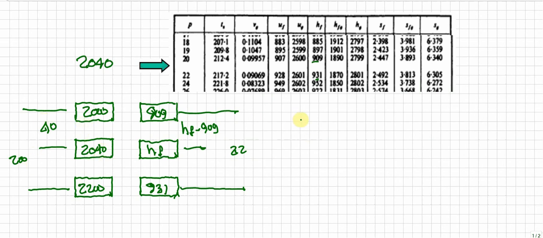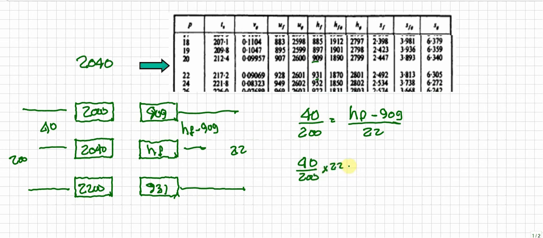And so in that case, we would have a ratio of 40 over 200 for our known values, and that's going to equal a ratio of HF minus 909 over 22. Now this is fairly easy to rearrange.